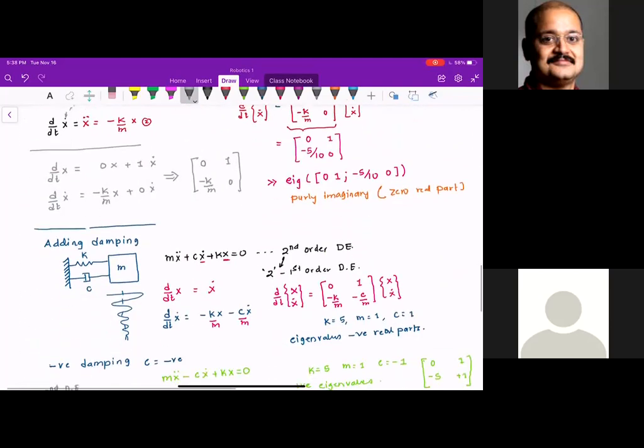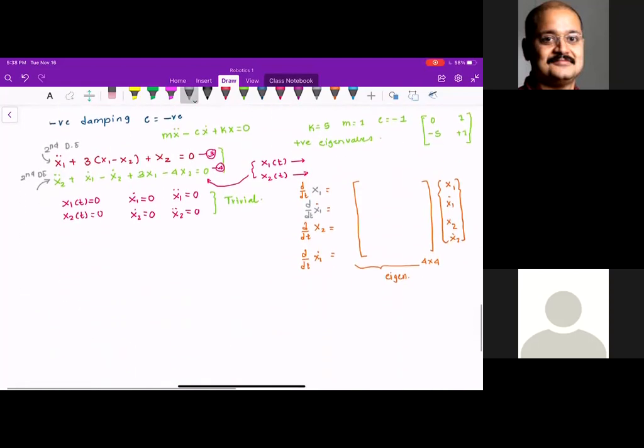So to solve any differential equation, this is the crux of your differential equation class. Remember, only remember this. To solve any differential equation, write that equation in state space. So write this equation in matrix form. And inside MATLAB, you will do something like this.